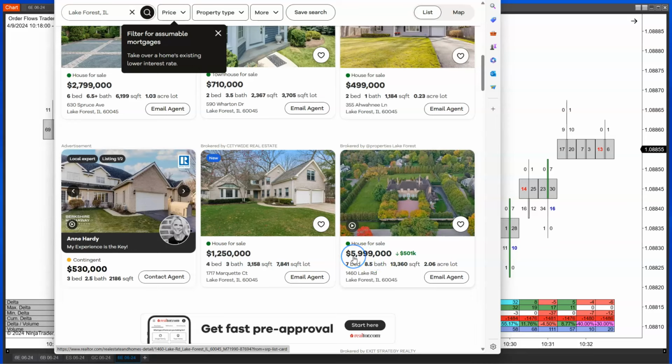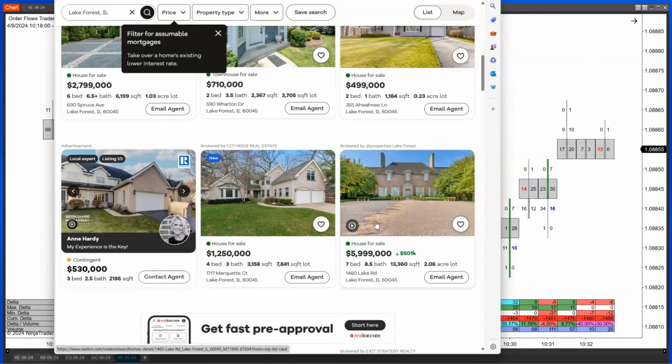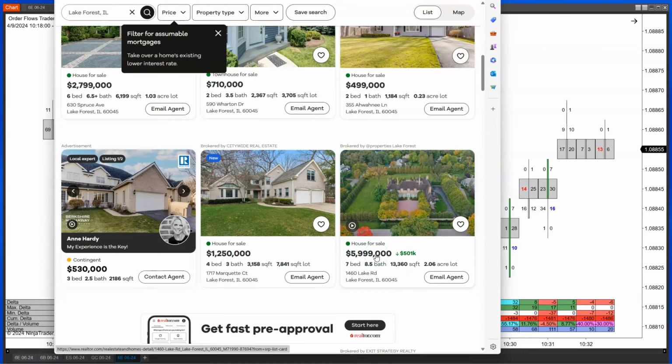So just under $6 million. He is a passive seller at 5.9 million. If I had the money and wanted to buy this house because I'm so in love with it, I would pay what he's trying to sell it at. He's the passive seller. I'm the aggressive buyer because I want this house.